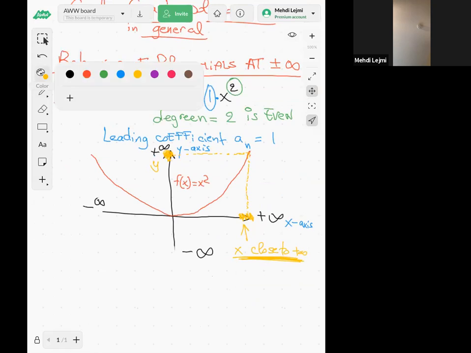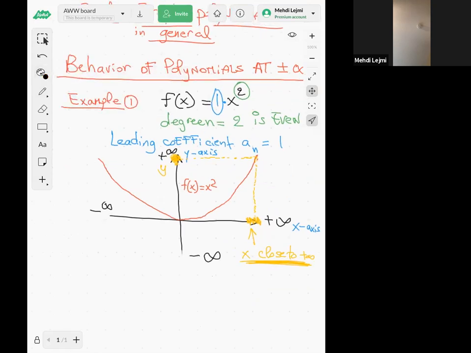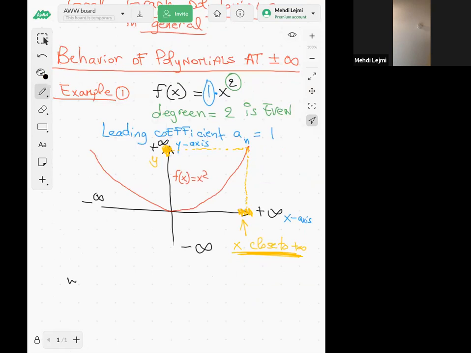When x goes to or approaches positive infinity, this arrow here means approaches or close to, then my output y is going to be right here, also close to positive infinity.